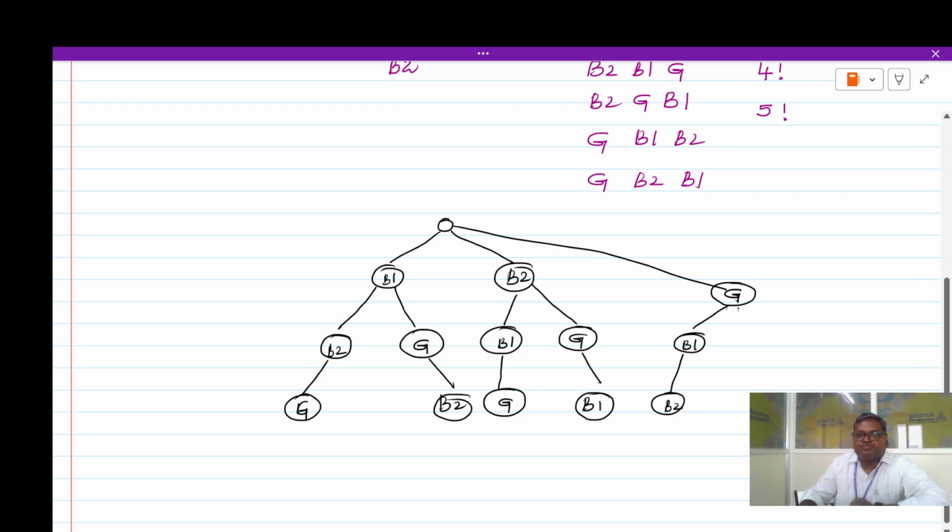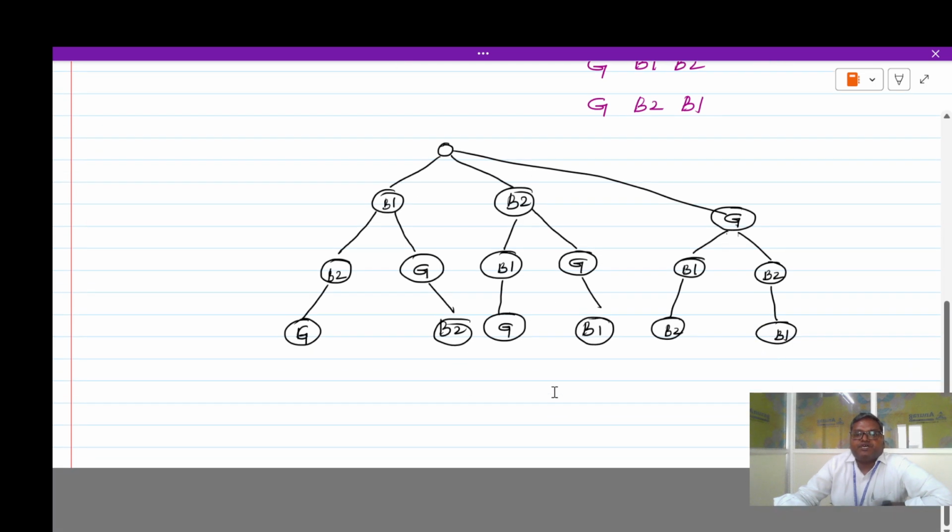And another option is to go to boy 2 and boy 1. This is the total state space tree which we have explored.